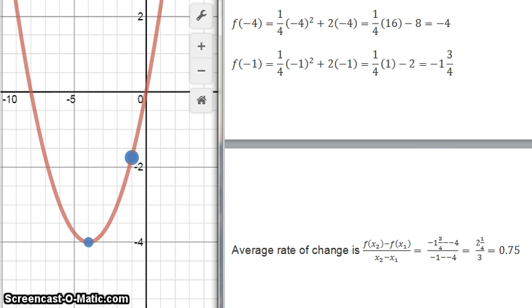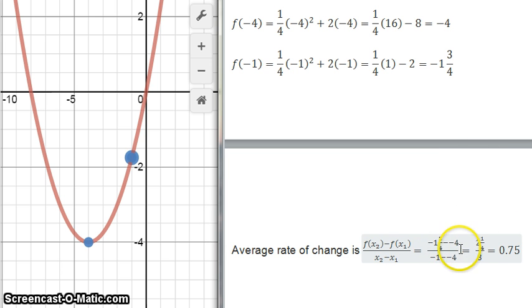The official formula is like this: you take x2, the second point, the function with that value, minus the function with the first value. With what we calculated above, f of -4 would be the first one, x1, and f of -1 is the second, because that's the end of our interval.